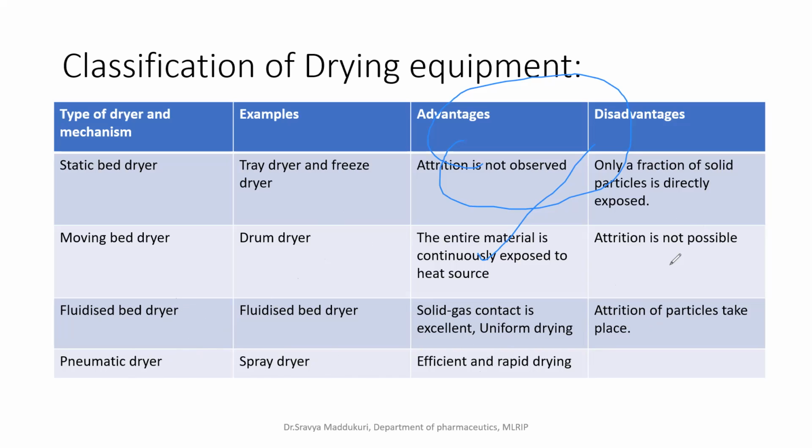There are also other kinds of classifications for the drying chapter. Batch dryers and continuous dryers. What is a batch dryer? A limited amount of solids can be dried in this kind of equipment. Once the drying process completes, you will have to remove the solids. Say for example, you can see the tray dryer.